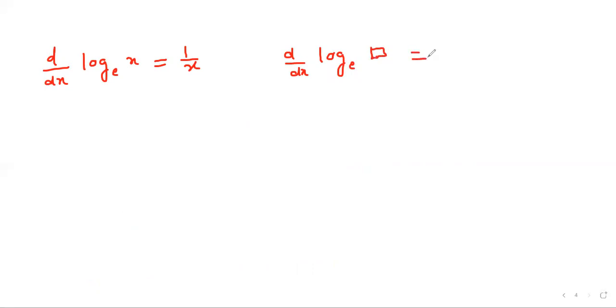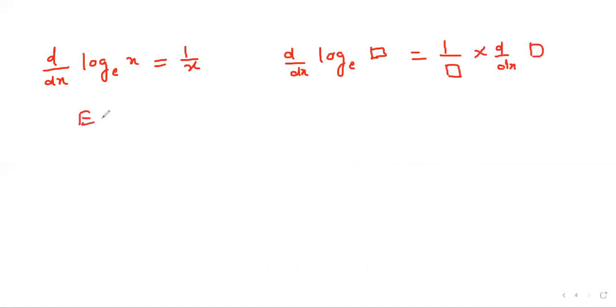Let's see some more cases. d upon dx of log x is 1 upon x. Suppose it is d upon dx of log block, then the same rule applies. 1 upon block times d upon dx of block.